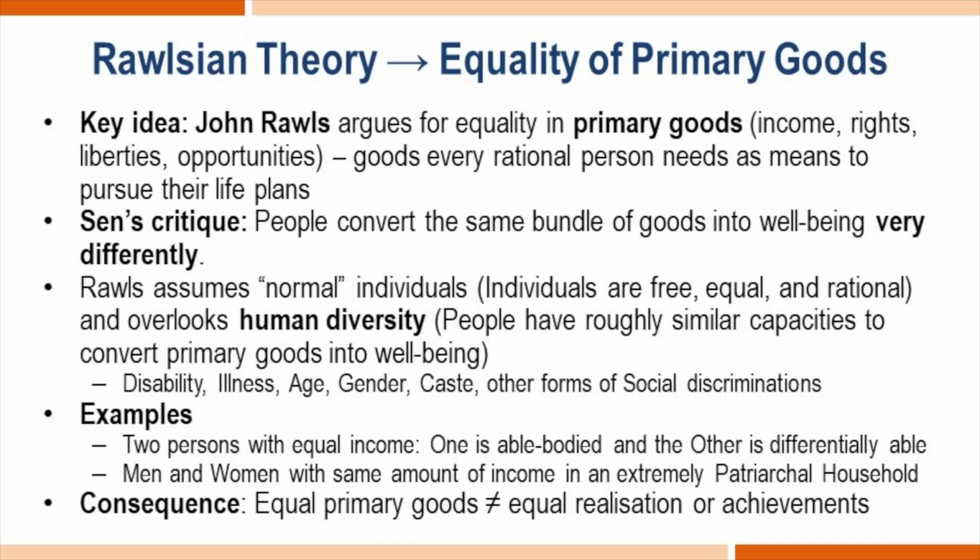Similarly, if we provide the same income to a man and a woman living in a highly patriarchal household, their level of attainment in well-being and welfare can be extremely different, because the influence of patriarchy means the way men have rights over the use of the income may be completely different from that of the woman who is subordinate in the household.